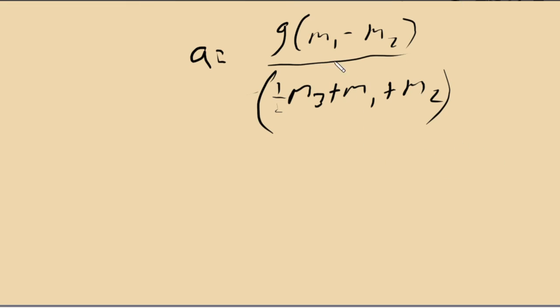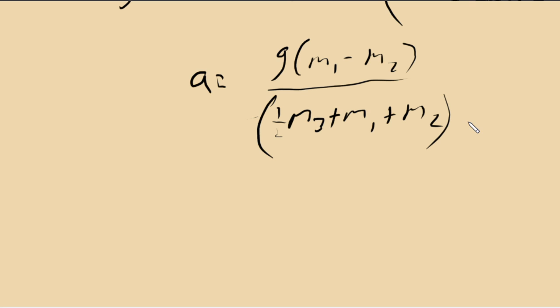And so we know the mass of all three of these, and we know what gravity is. So everything in this equation, we know our known values. So we could just go ahead and plug everything in.